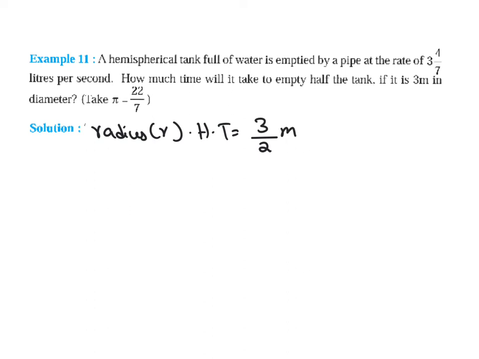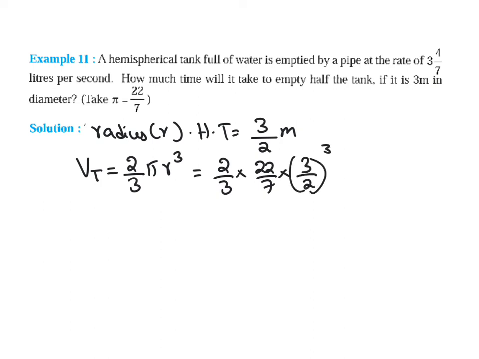Now what is the volume of the full tank? Since it's a hemispherical tank, what is the formula to find the volume of a hemisphere? 2/3 pi r cube, and that's going to be 2/3 times 22/7 times (3/2) cube, which is going to be 99/14 meter cube. This is the volume of the full tank.